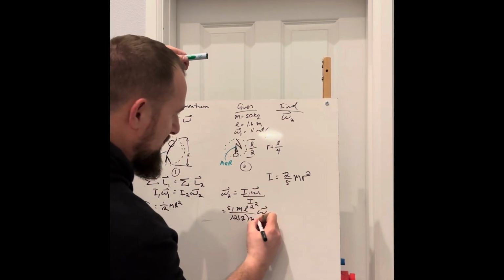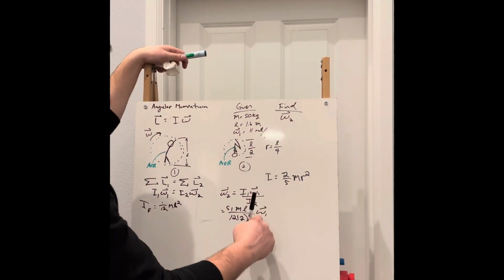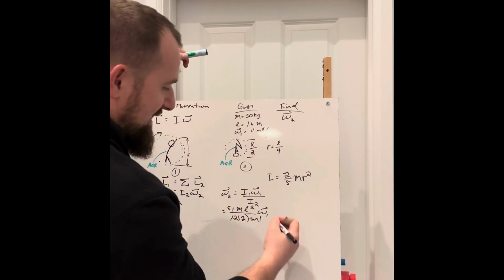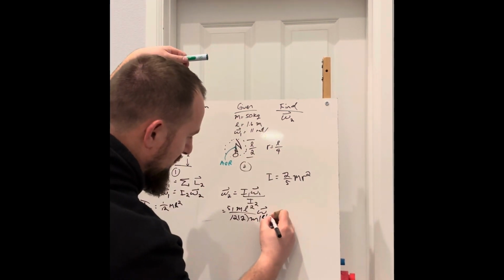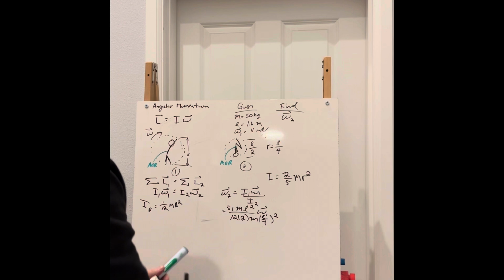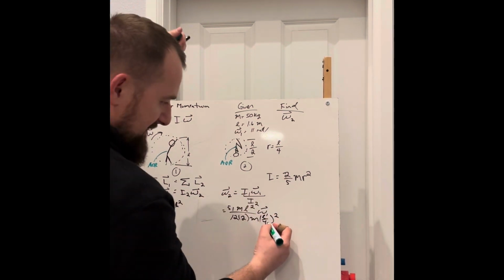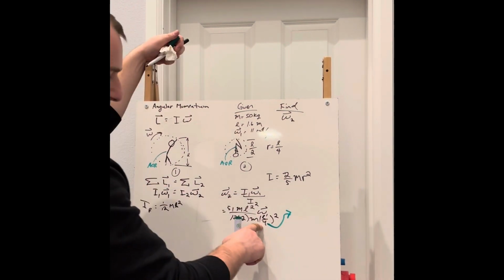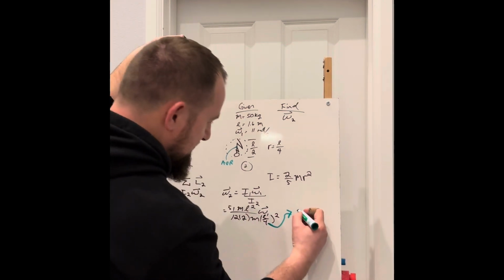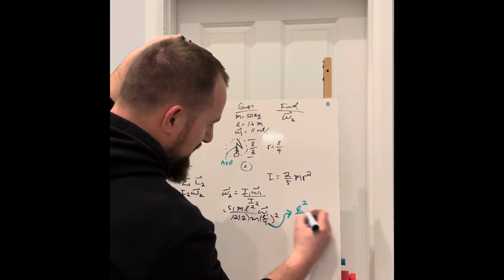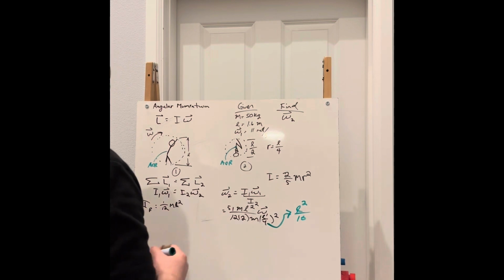And then I'll go mass, and then instead of just writing radius squared, I know my radius is L over 4, so I'll go L over 4 squared. I'm going to quickly work this out to the side right here. L over 4 squared is L squared over 16.